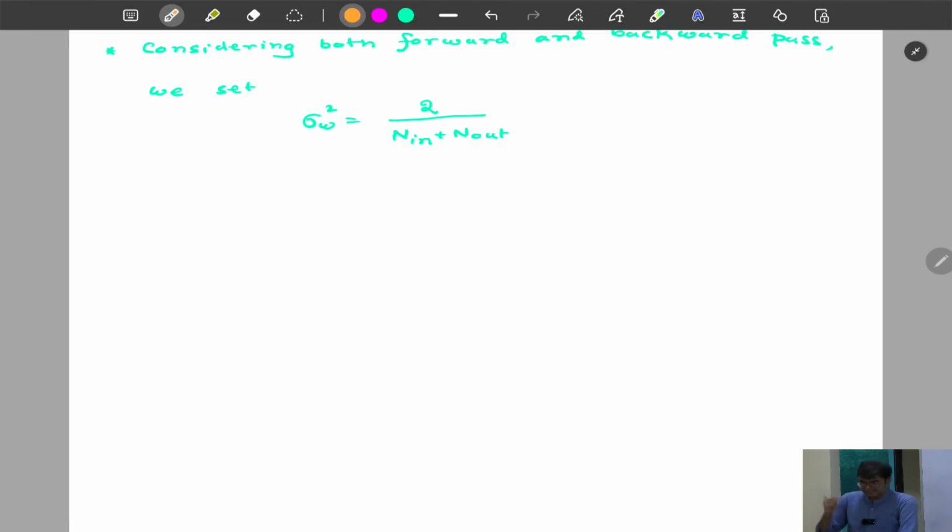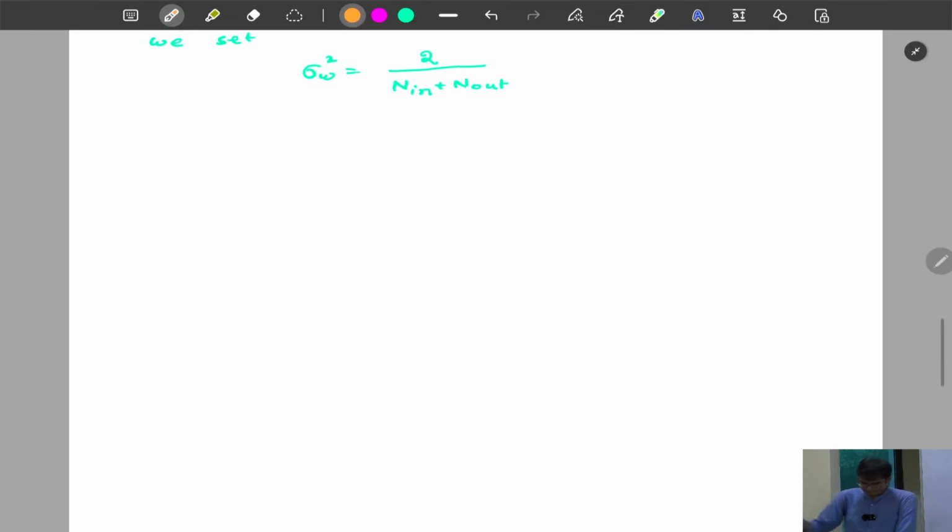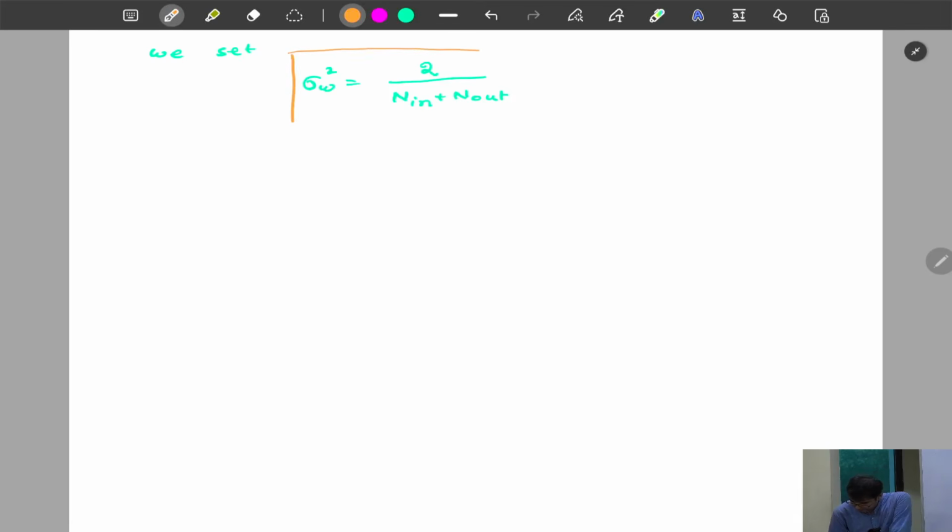And this is set at each layer. At each layer, you set the sigma in this manner. By the way, this was not done by me, obviously. This has a name. This is known as the Xavier's initialization.